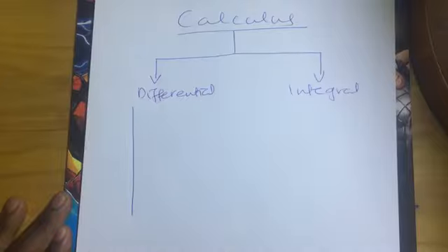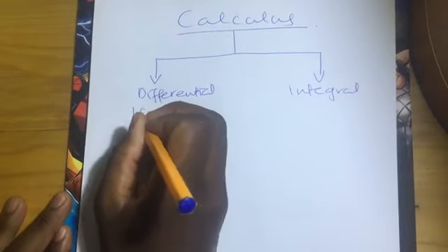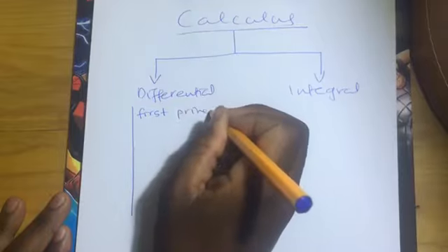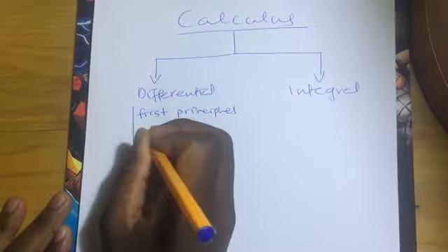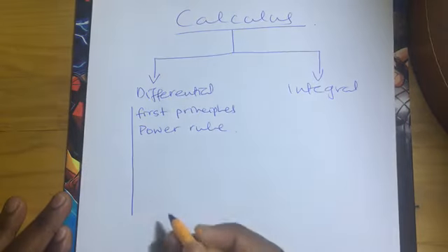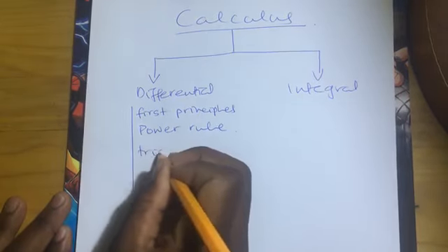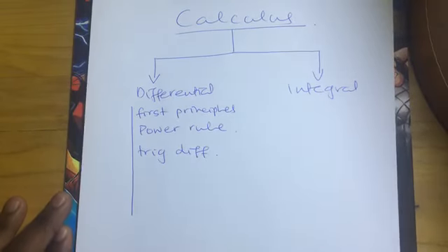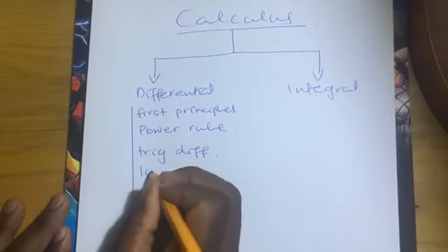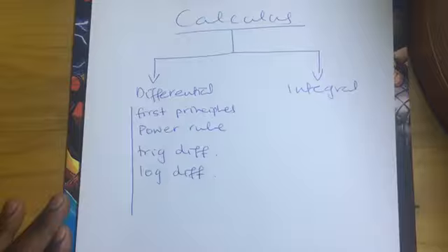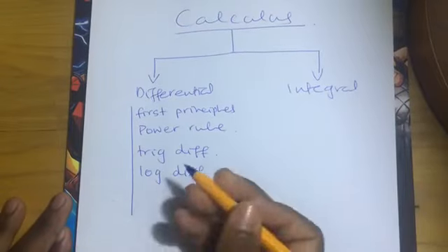The things that you're supposed to learn are the first principles, the power rule, trigonometric differentiation, logarithmic differentiation, and you're supposed to learn rules.